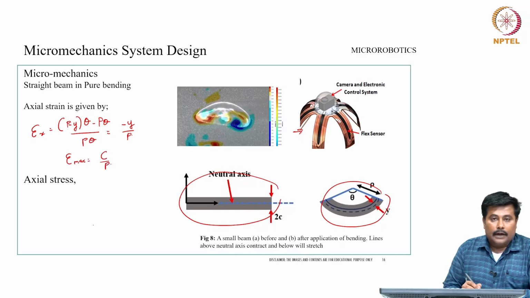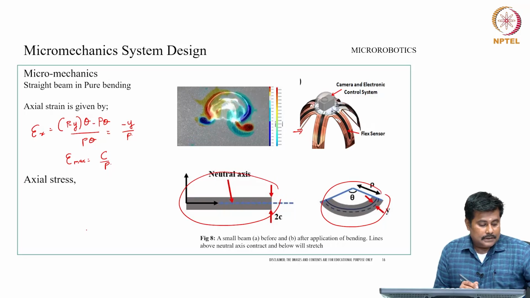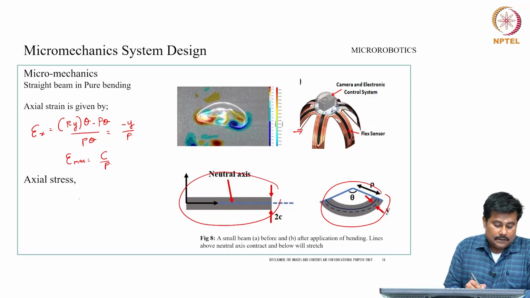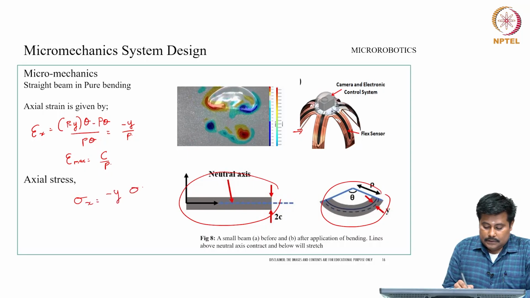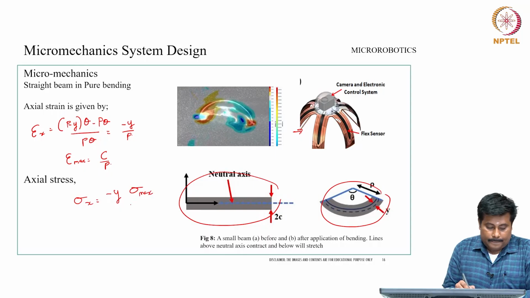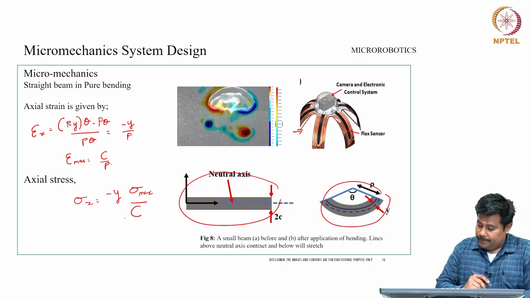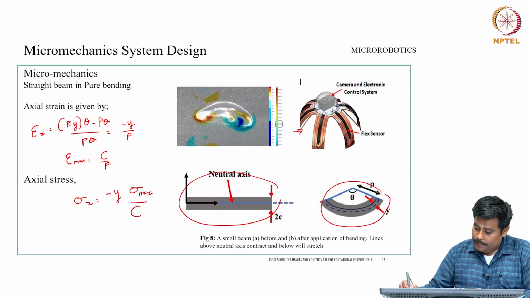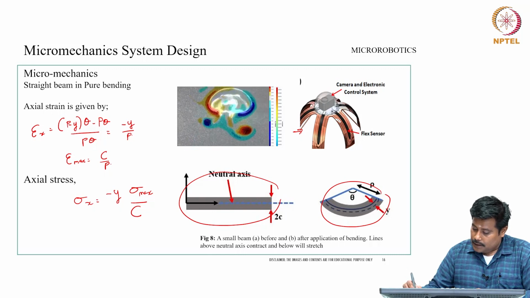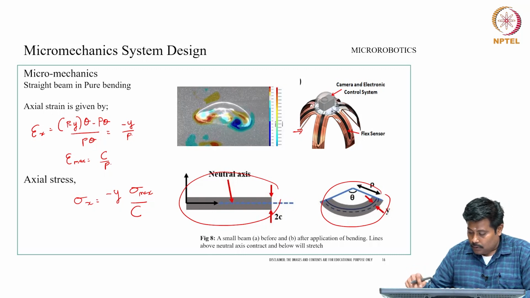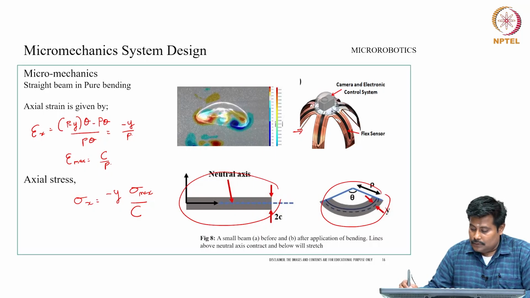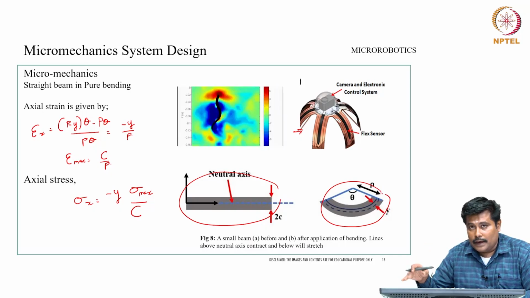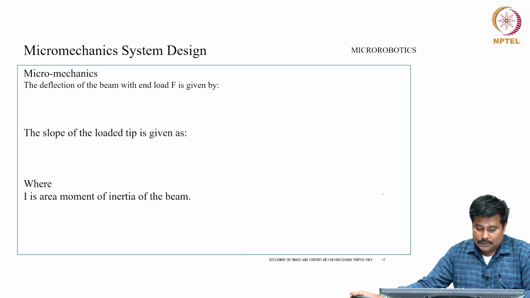Similarly, the axial stress is sigma x equals minus y sigma max by c. Here p corresponds to the overall length and theta corresponds to the overall angle which is generated, and then there is a y parameter, whose main function is to take care of the overall bending characteristics in this particular system.